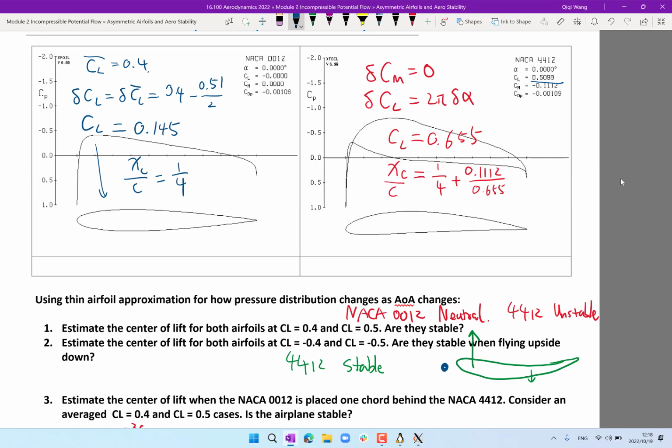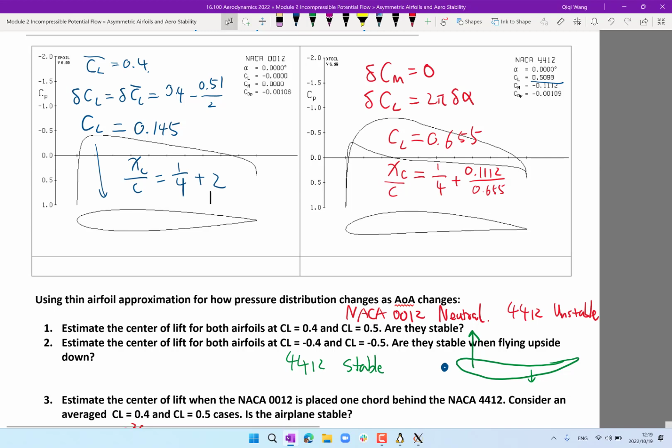Okay, so now we just need to average these two center of lifts, right? For this one, XC, if we consider this airfoil is way behind, we have to add 2, right? In order to consider that this is actually way behind.